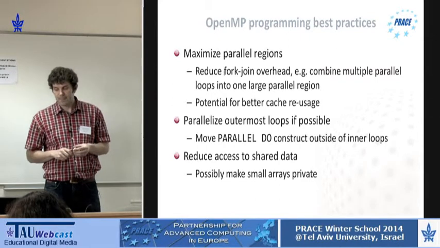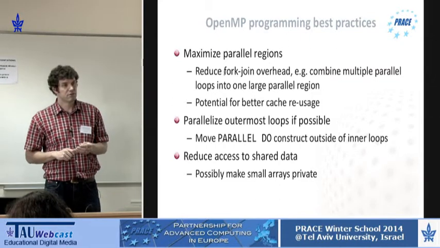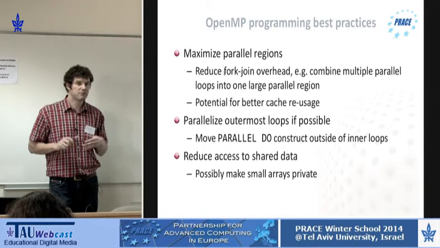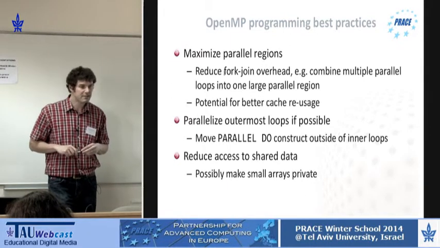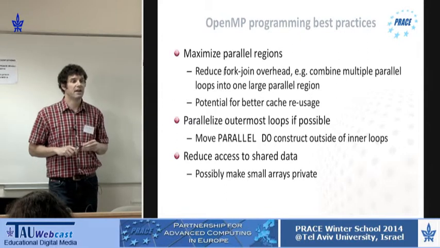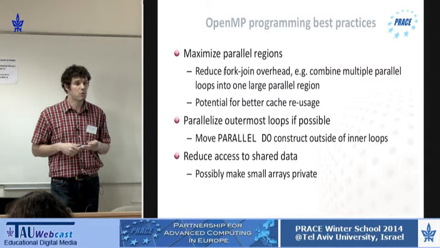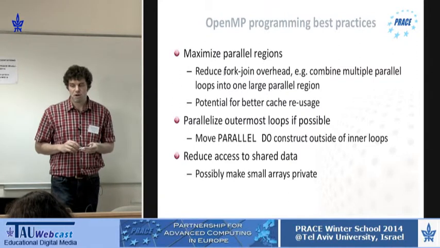Also, small arrays might be useful to make private, which reduces the access to the shared data, and sometimes that can give you better practical memory bandwidth.